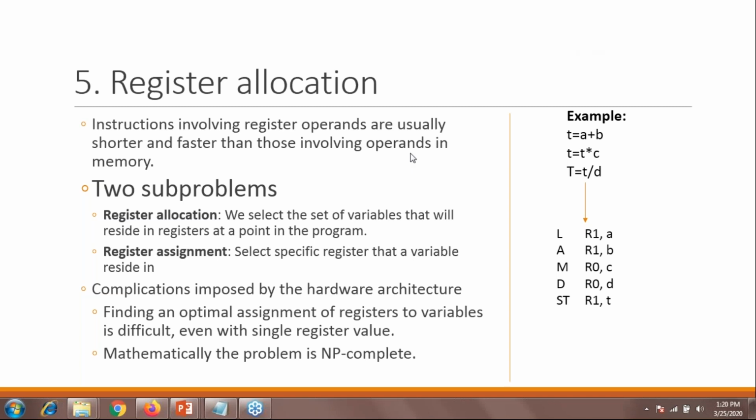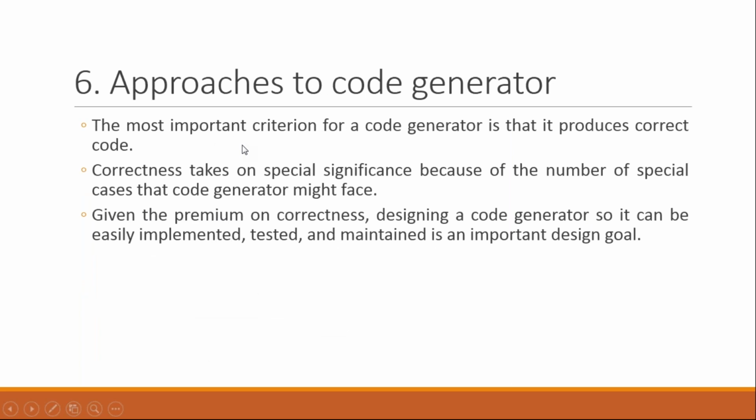Those problems may be resolved by the different code generation processes. And the sixth one is approaches to code generation, where there are different tested methodologies and different significance of your correctness of code. The major goal is also the code generation process.